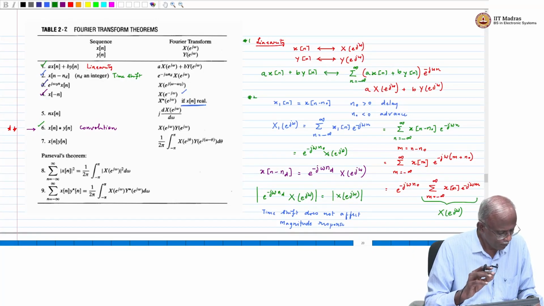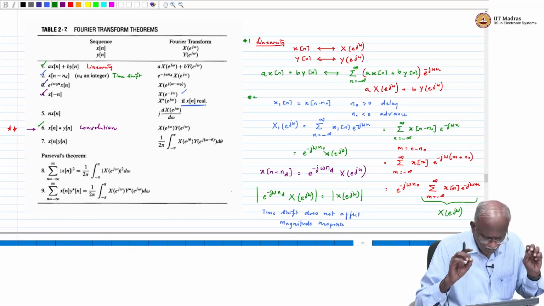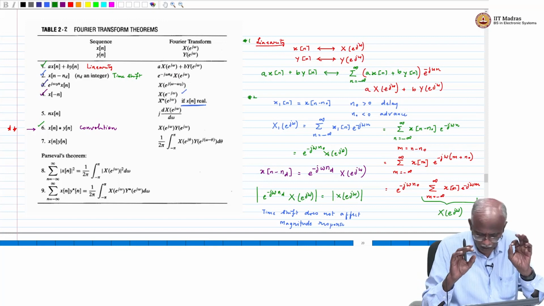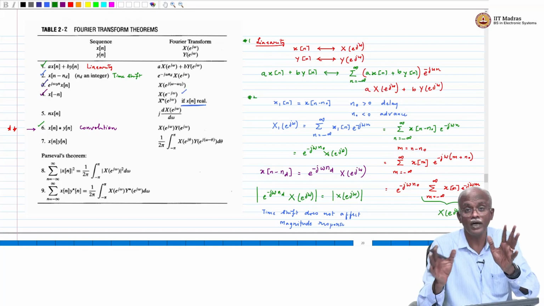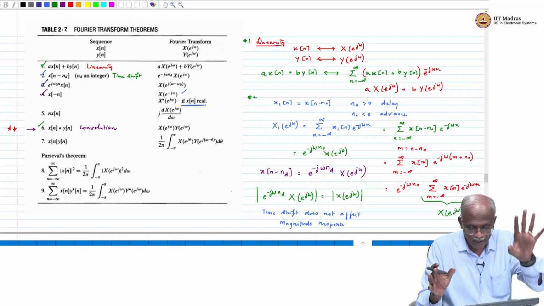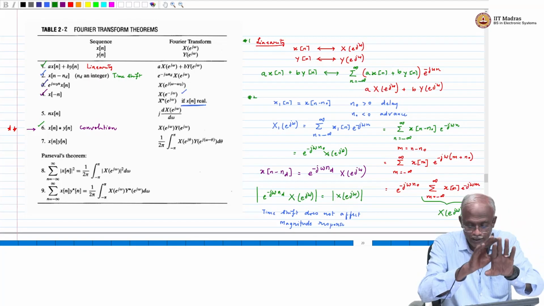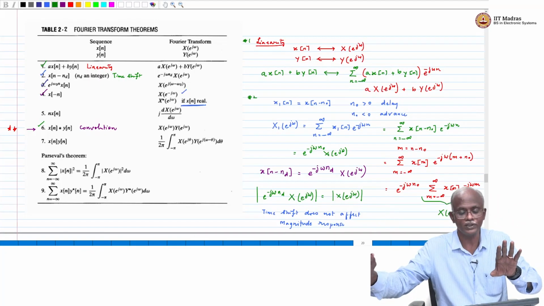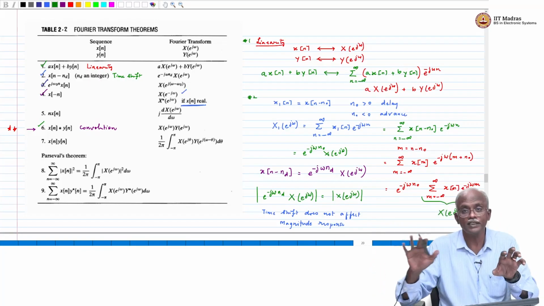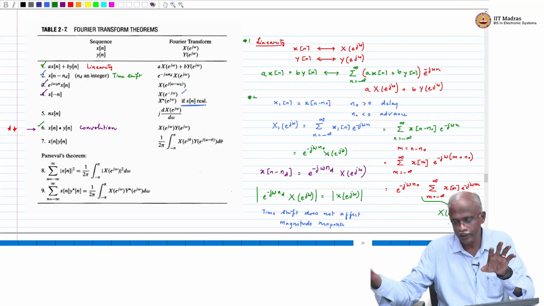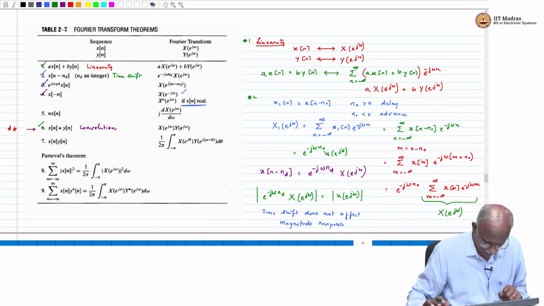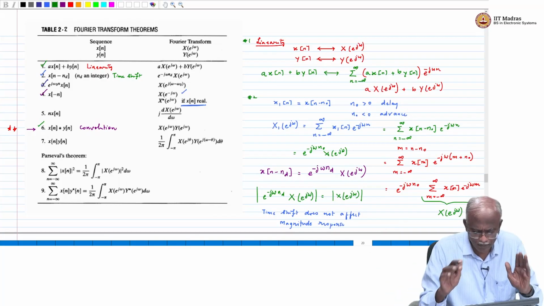But the important thing to note is that the counterpart is also true. Convolution in time gives you multiplication in frequency. Multiplication in time will give you the dual, where you will get convolution in the frequency domain. So, this is a very powerful result.